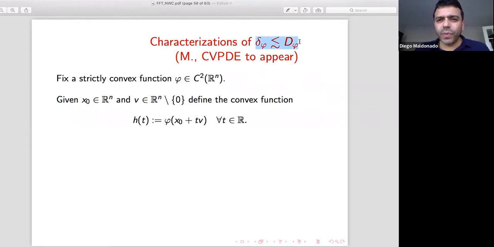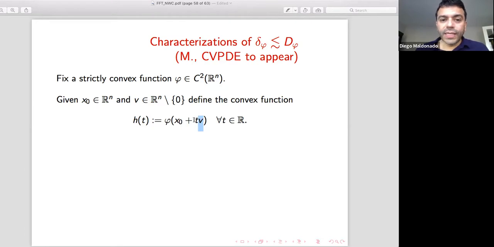So this I proved recently, and I focused on this condition, delta controlled by D. Here is what I was saying. You give me a function phi, let's say C2, to avoid technicalities. Strictly convex functions phi. And then I'm going to restrict that function to an arbitrary line. So I fix an x naught, a point in Rn, and I fix a direction v.